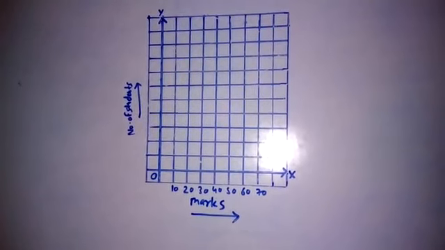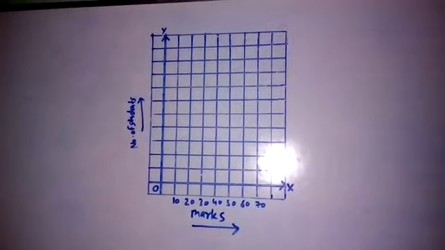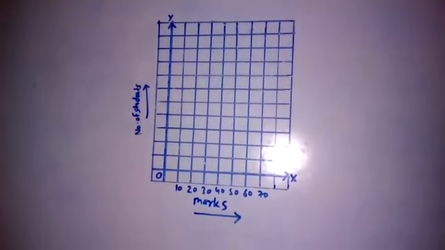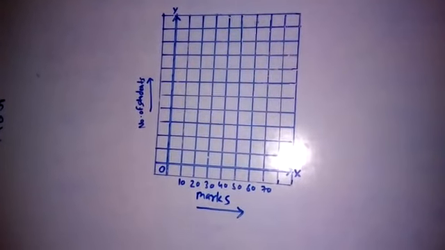Because it is not started with 0, here from 0 to 10 we will give a kink, like this.